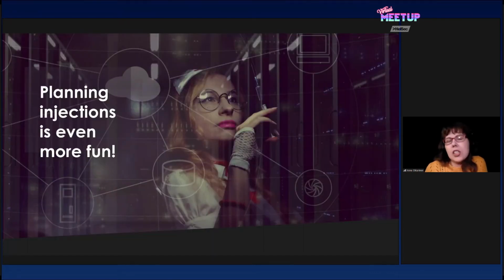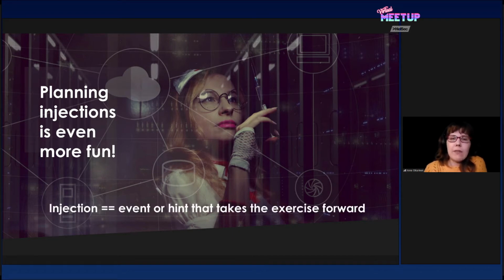Then planning injections in a functional exercise is, whoa boy, that is even more fun. So basically, with injection, I mean an event or a hint that will take the game forward, take the exercise forward. This can be a screenshot.